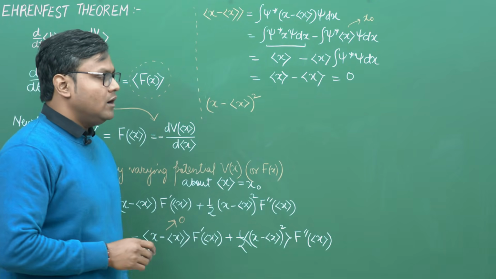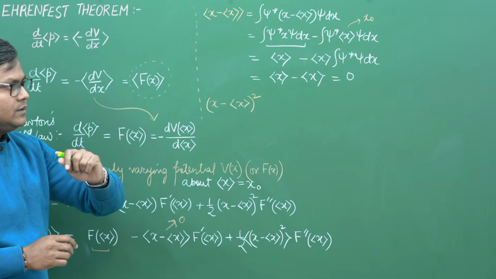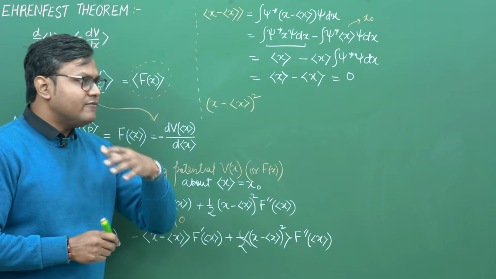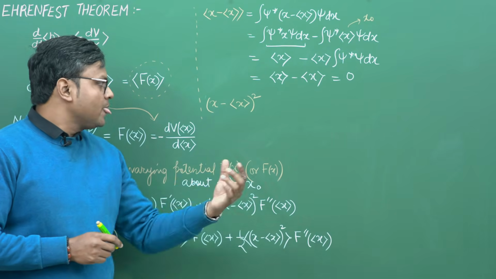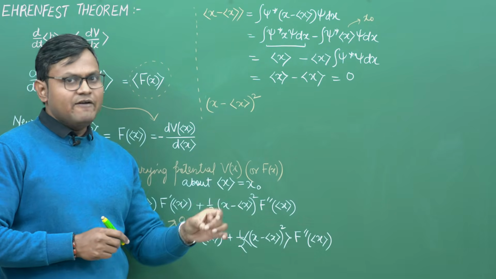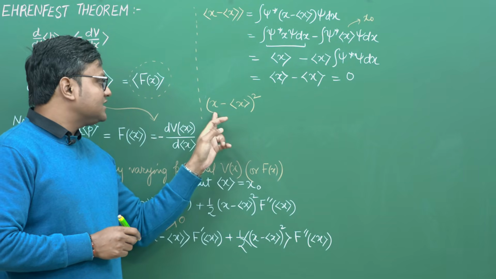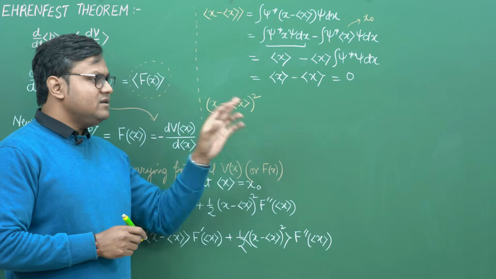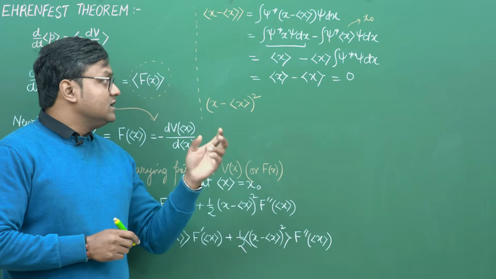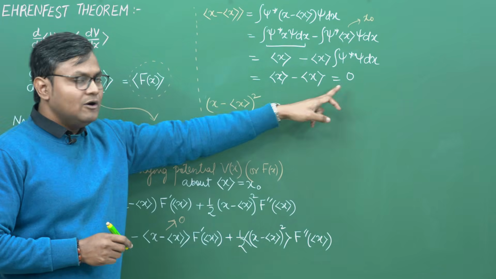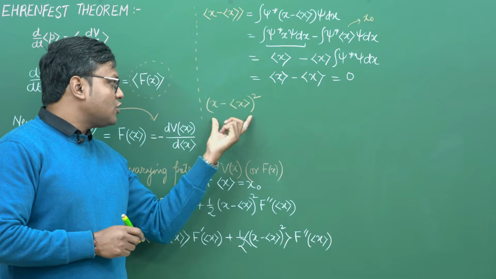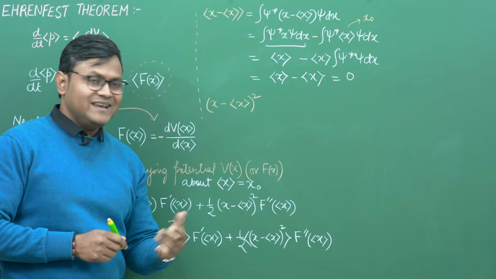If you have studied statistics, if you have a distribution of data points, then the expectation value represents the average, while x minus the mean represents a set of data points. Their average may come out to be 0, but the average of their square is not necessarily equal to 0.